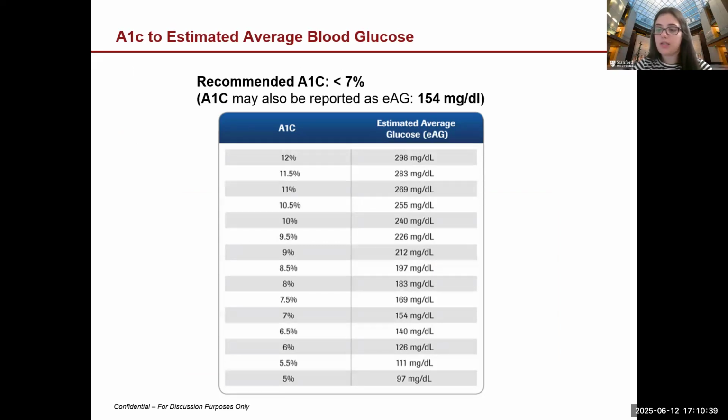This makes it easier for people with diabetes to connect their daily glucose readings with their lab results. So as you can see, if you have an A1C of 8%, your average blood glucose over the past 3 months will be 183, which is typically higher than what we aim for.